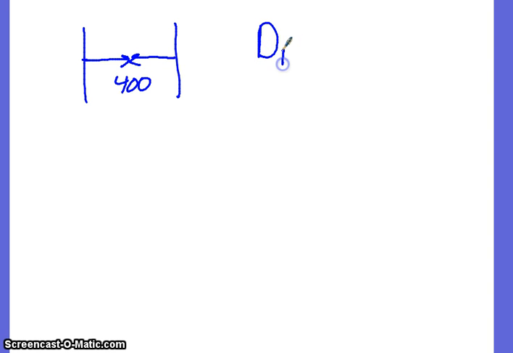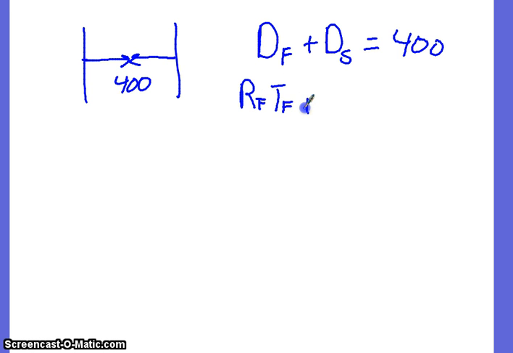The distance of the faster one plus the distance of the slower one equals 400, so that's how far apart they were, right? If I substitute all that in, RF times TF plus RS times TS equals 400. How long was it till they collided?